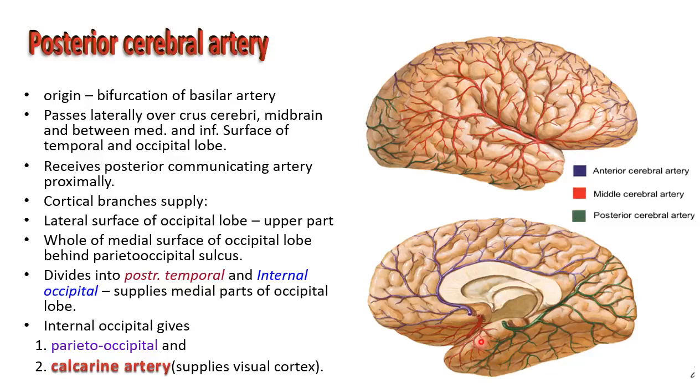Whereas the middle cerebral artery supplies the lateral part of the orbital surface and part of the adjoining temporal pole, and the medial part of the orbital surface is again supplied by the anterior cerebral arteries. Three different colors show the area of supply of the cerebral cortex in this picture.